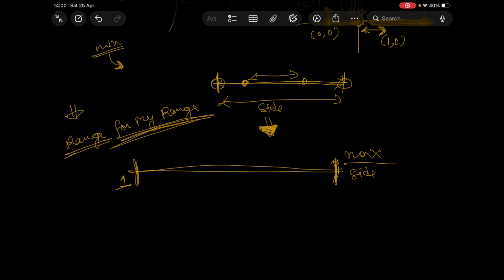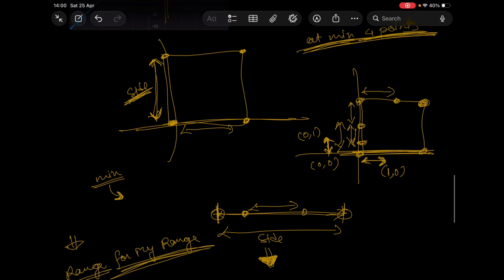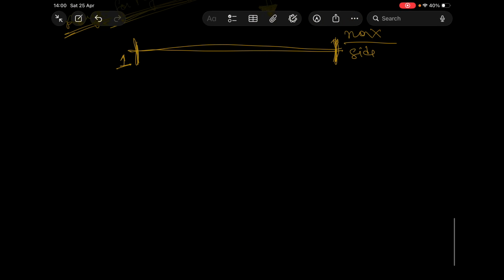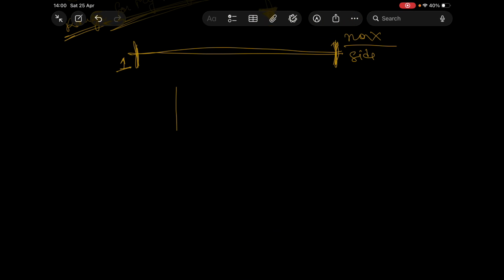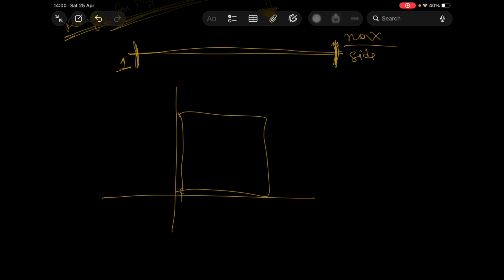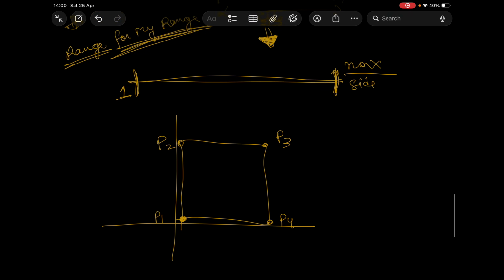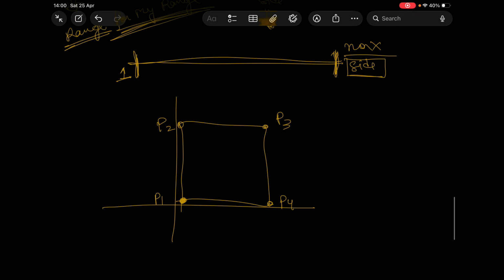Now, since we see this problem, there is one more thing to observe. Here we have these points P1, P2, P3, P4. Now from this, what can be the minimum distance? Since we have derived that at max it can be side, nothing greater than side, which means there is some point over here, some point, let's say, in the opposite. Maybe let's consider this line. Okay, this is my line.